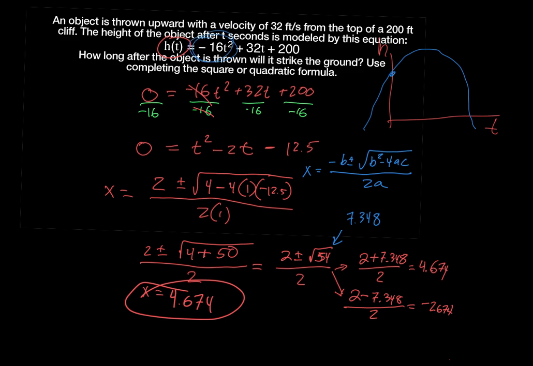Because that first term was negative, it's an upside down parabola. This point right here is the point at which the height is 0, 4.674. And then back here in imaginary land, negative 2.674 is when, theoretically, if I would have launched from the ground instead of from the top of a cliff, it would have been on the ground.